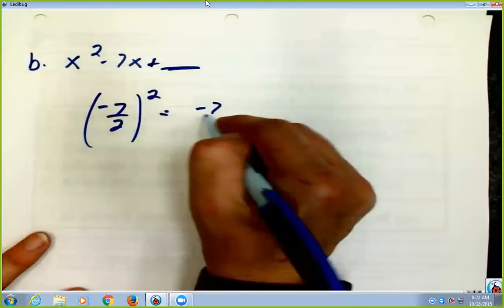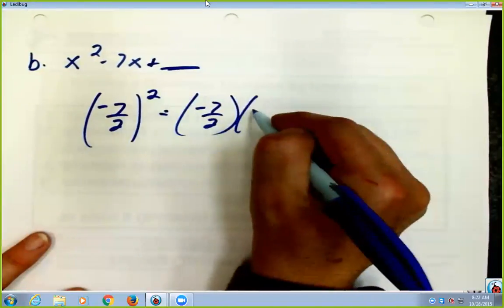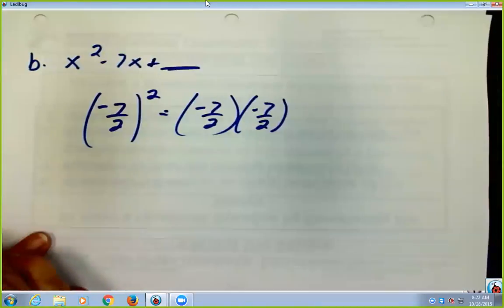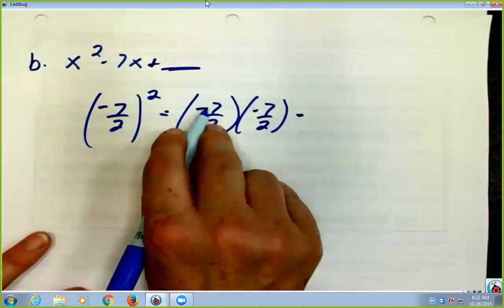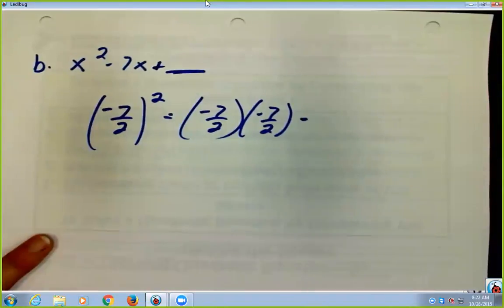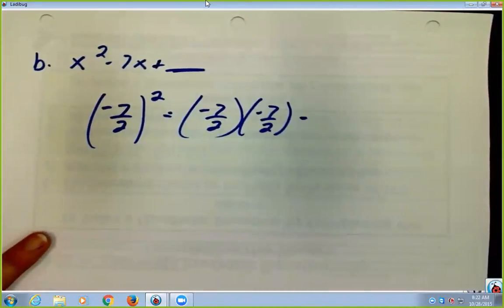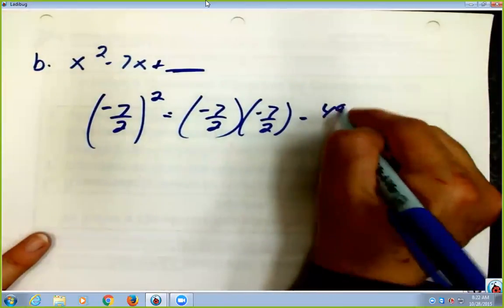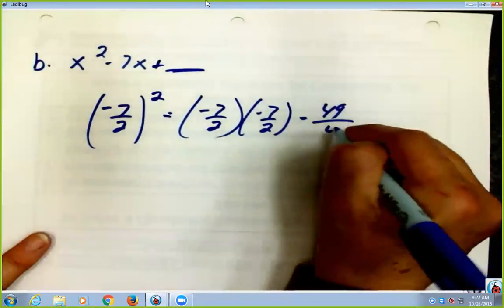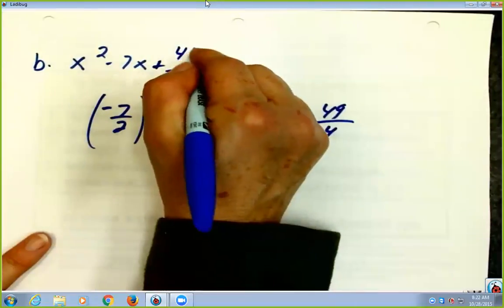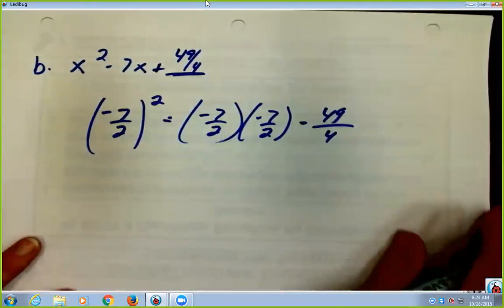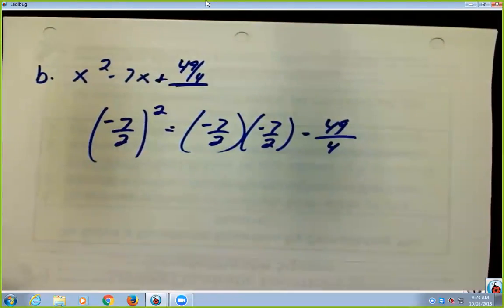So that means a -7/2 times a -7/2, and I end up with -7 times a -7 is what? 49. And 2 times 2 is 4. So really on the end, that is what I have, 49/4. Okay? So 49/4 is what forces this thing to become a perfect square when I work with it.